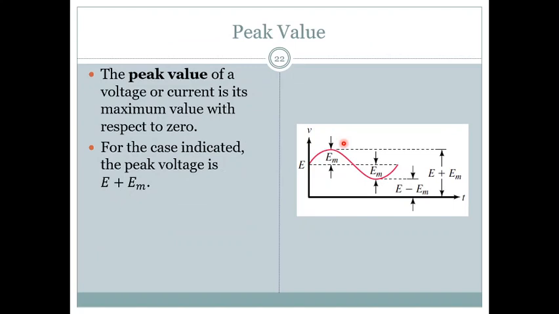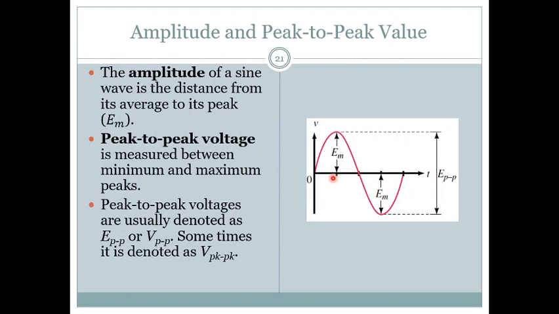And peak value is defined as the value from 0 to one of its peaks, positive peak or negative peak. What we are interested in this year's study, when it comes to signals, may be all these values, but currently we are interested in the peak voltage, the amplitude, and the peak to peak value.